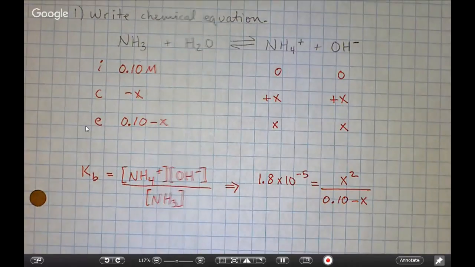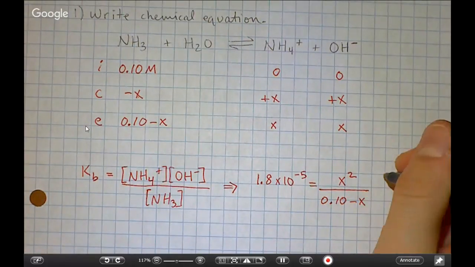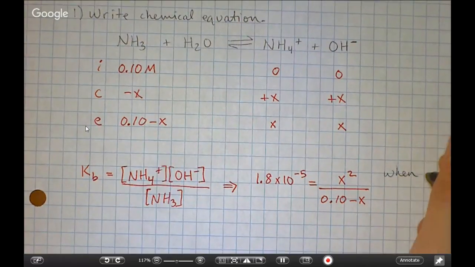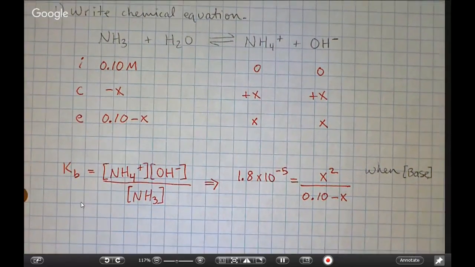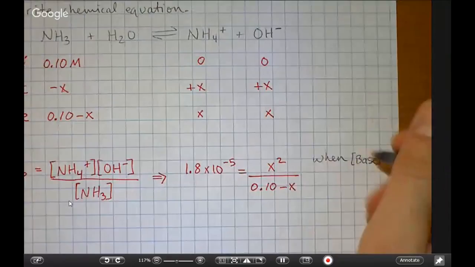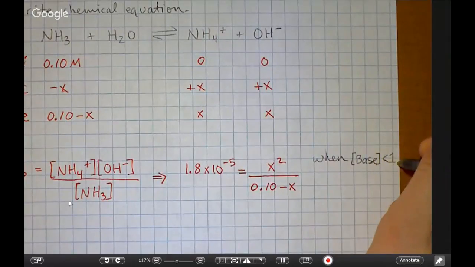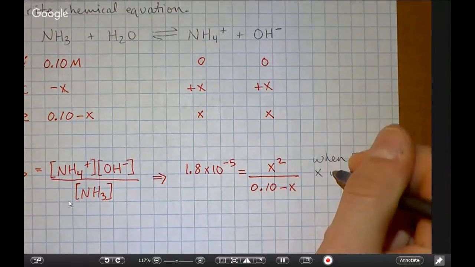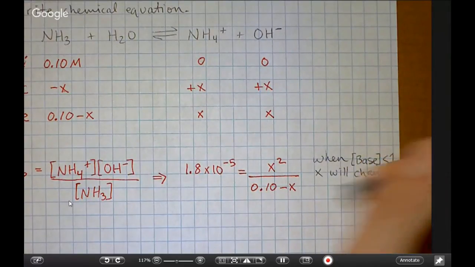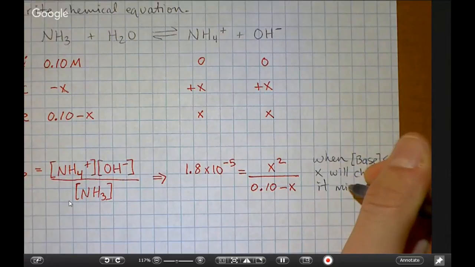Okay. And a note here for the base: when our base concentration is less than 1, X will change it minimally.